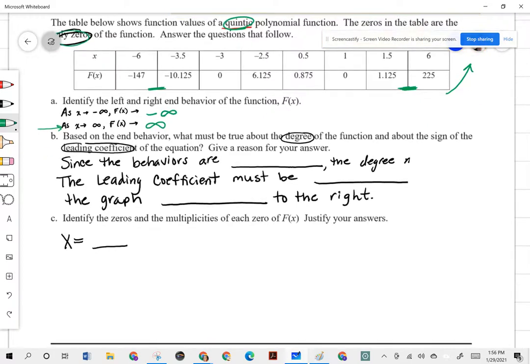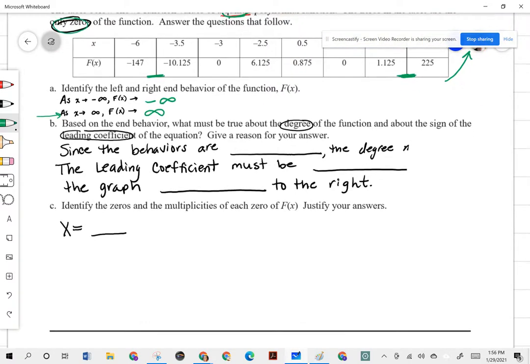All right. So part B says, based on the end behavior, what must be true about the degree of the function and about the sign of the leading coefficient? Give a reason for your answer. I just talked about this a second ago, but since the behaviors are opposites, right?